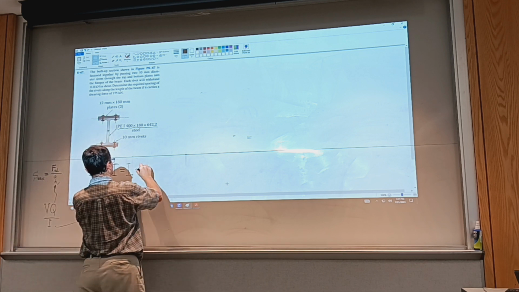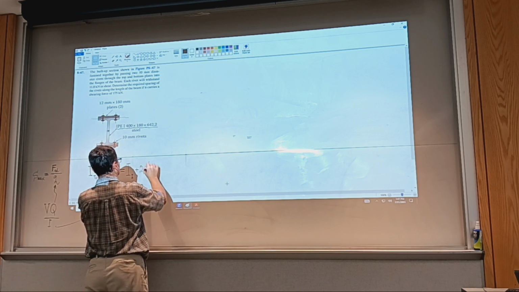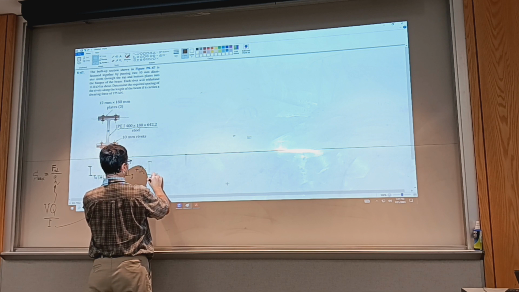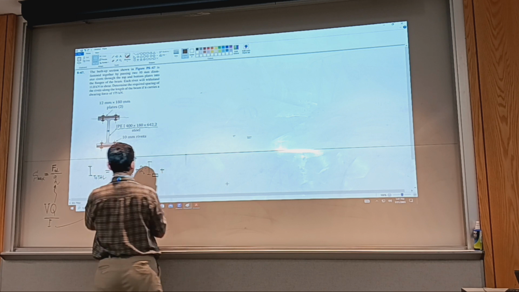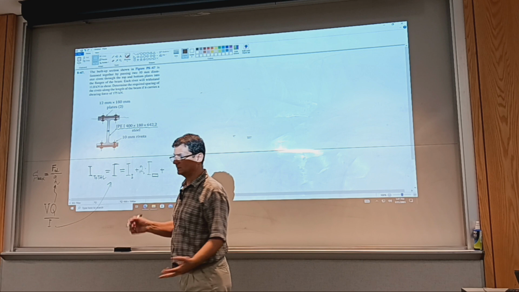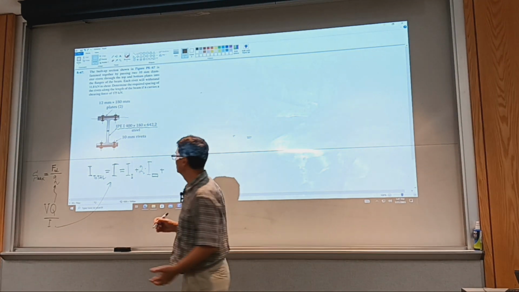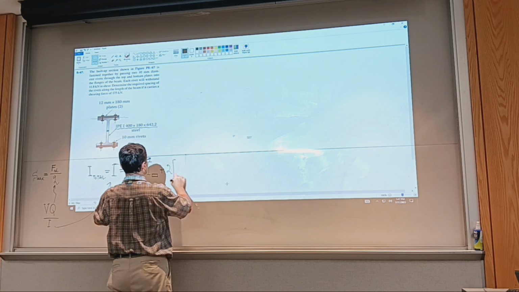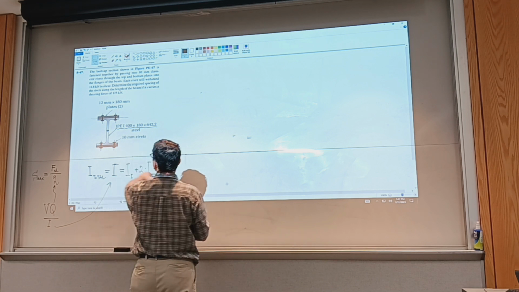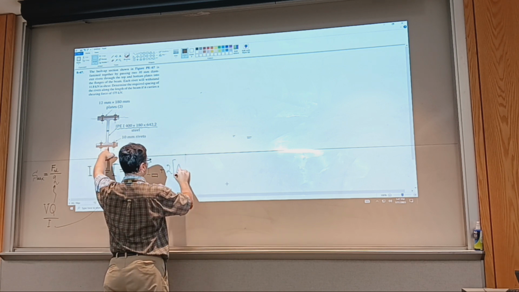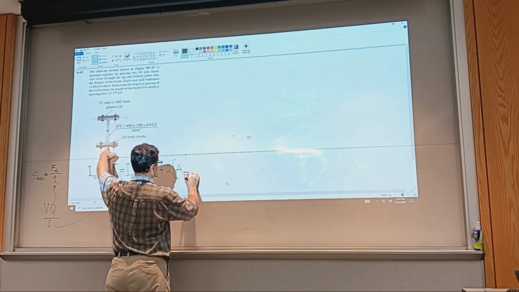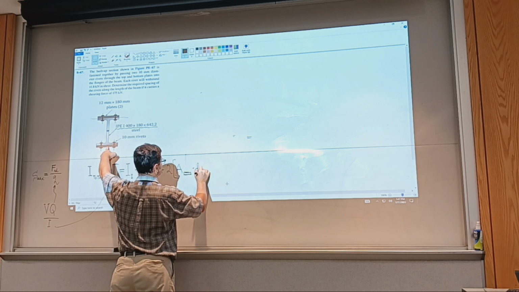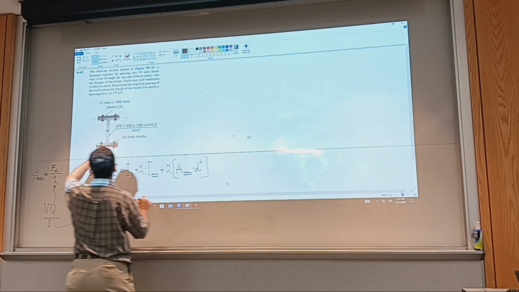So it will be 2 times I of the flat, plus, and I have 2 of them, the parallel axis theorem term, so it will be 2 because of 1 and 2. And then I have the area of the flat times the distance squared. What distance?